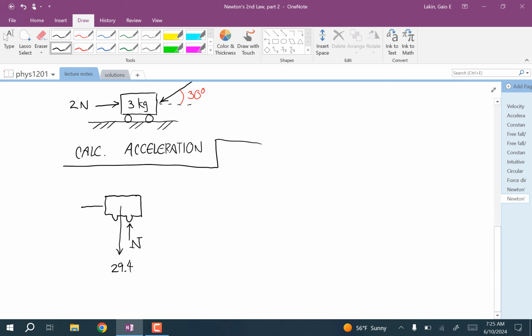And we have a 2 Newton force over there. I guess I usually don't put in newtons in the free body diagram. And then over here, we have this force of 5 newtons.